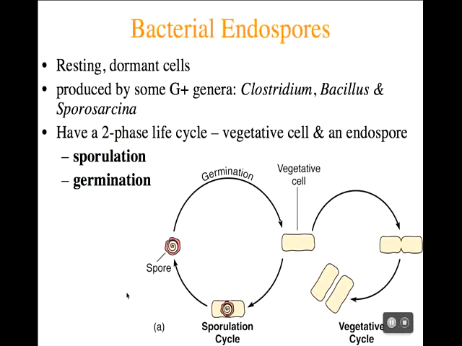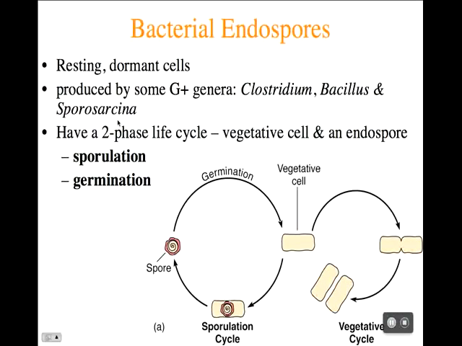Most bacteria cannot form endospores. The only ones that can are 3 gram-positive genera. So just a couple of gram-positives can do this. No gram-negatives, and there are lots of gram-positives that cannot. The 3 bacterial genera that form endospores are Clostridium, Bacillus, and Sporosarcina.